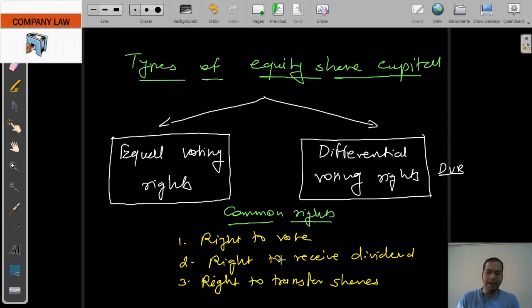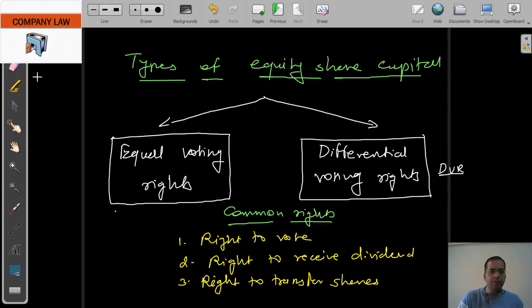When I say right to vote, when it is equal voting rights, not differential voting rights, in that particular case all the shareholders in the company will be given one share equivalent to one vote. One share equivalent to one vote.